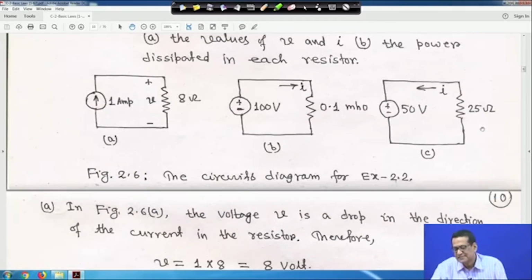Now, another thing: this is 50 volt and this is a 25 ohm resistor, but look at the current actually flowing; the current is entering into the plus terminal. Later you will find these things easier when you come to the KVL equation, but right from the beginning, current entering the positive terminal means it is flowing from higher potential to lower potential.